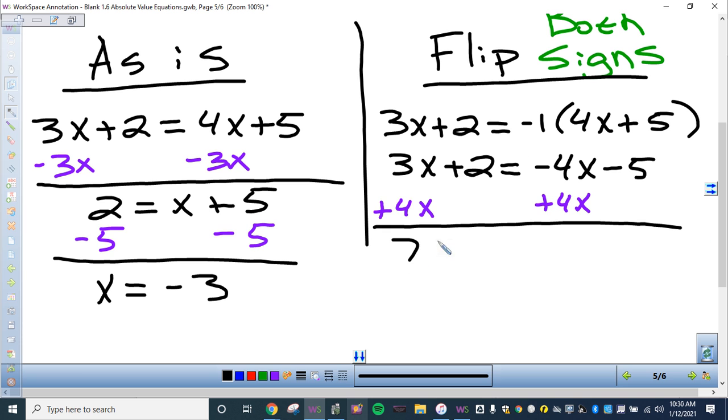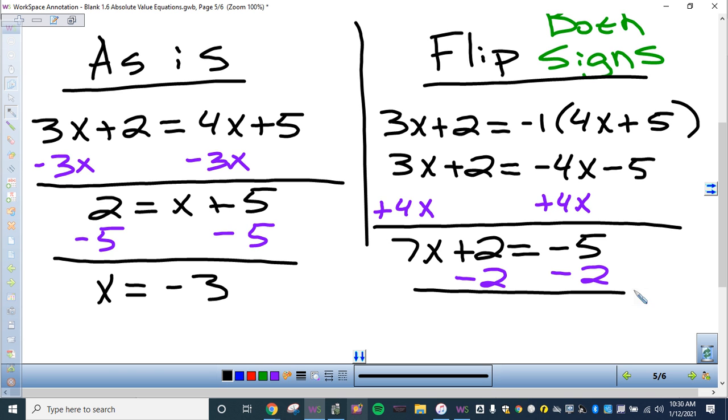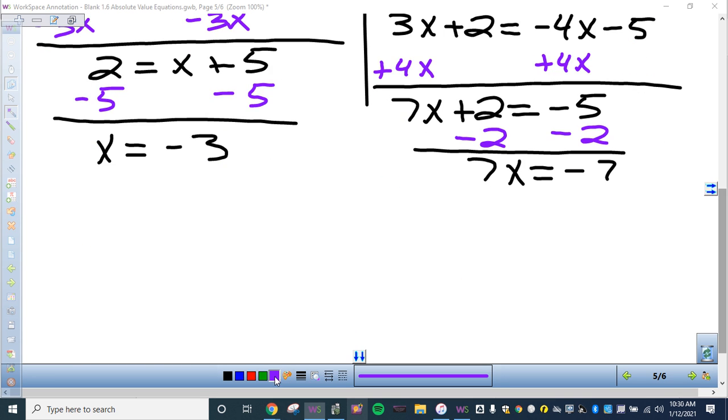So we get 7x plus 2 equals -5. Subtract that 2 over, and we get 7x equals -7. Last step, we're going to divide both sides by 7. So we get x equals -1.